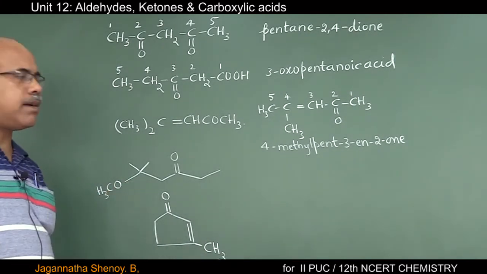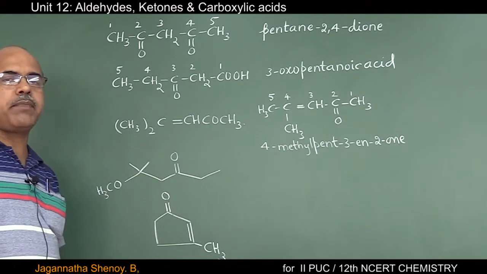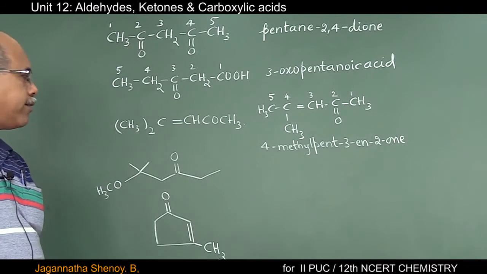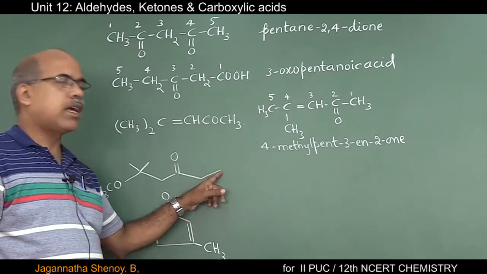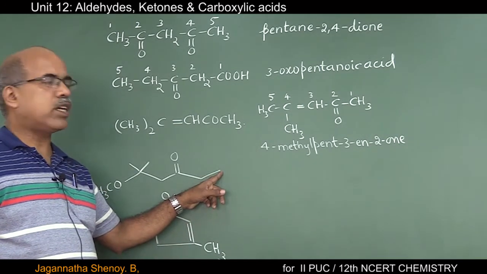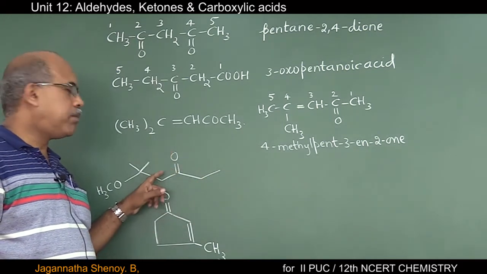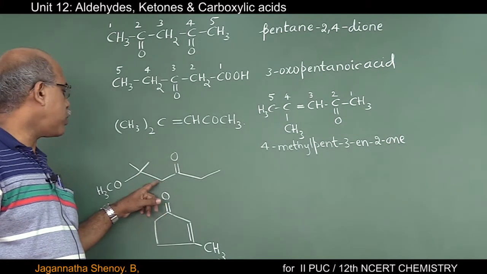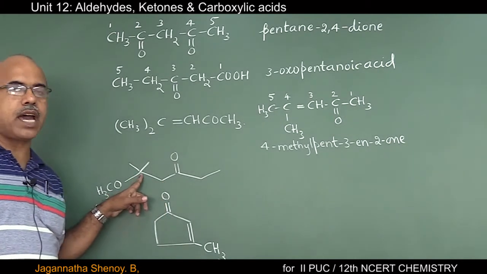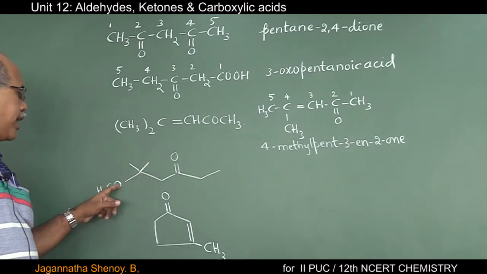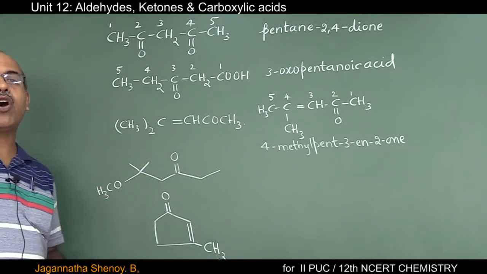Going to the next example, I have represented it by bond line formula. You are familiar with the bond line formula. So this corner will indicate one CH3 group. This is CH2, C double bond O. This is CH2. This has to represent a carbon atom and these two are methyl groups, and here what we have is methoxy group.